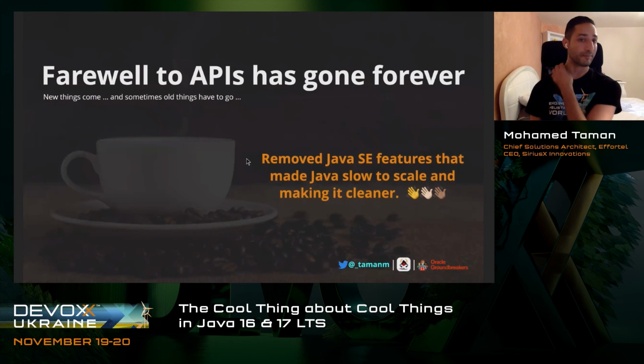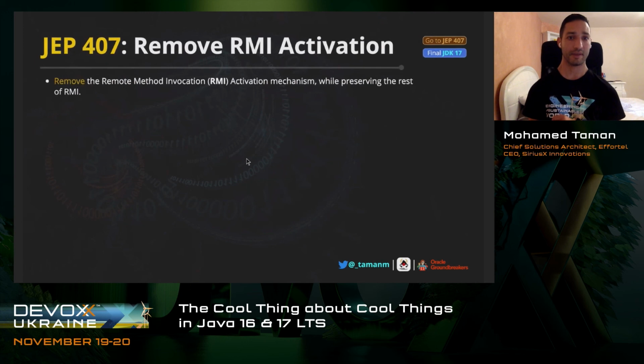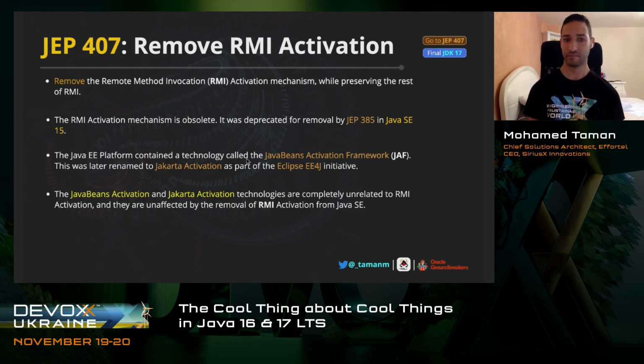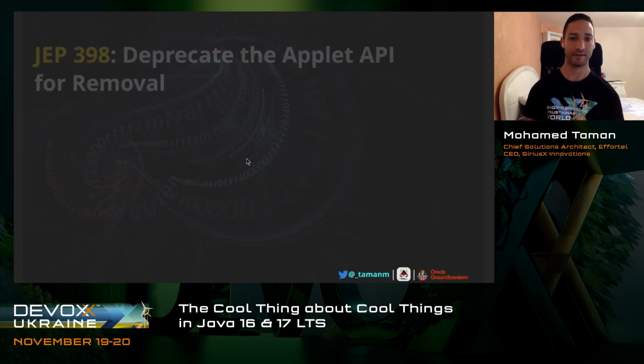Let's say goodbye to some things, because if you are going to migrate to Java 16 or 17, we have to know about this. We have removed RMI Activation because it's not part of the JDK anymore, and no other work needs to be done. It's related to the JavaBeans Activation Framework, JAF, which was later renamed Jakarta Activation as a part of Eclipse EE4J initiatives. JavaBeans Activation and Jakarta Activation technology are completely unrelated to RMI by any means, and they are unaffected by the removal of RMI, because RMI has become old and there is no maintenance anymore for it.